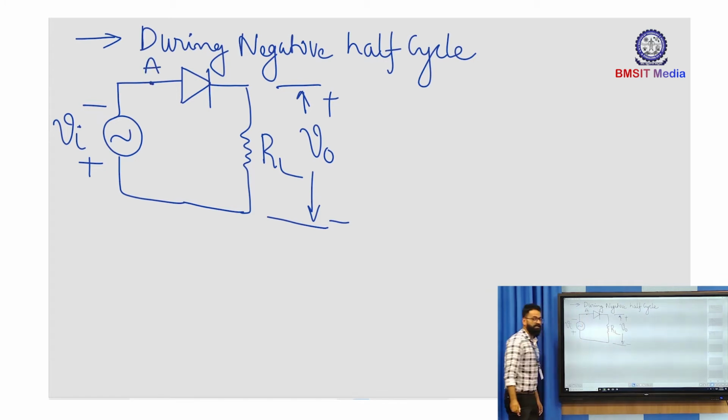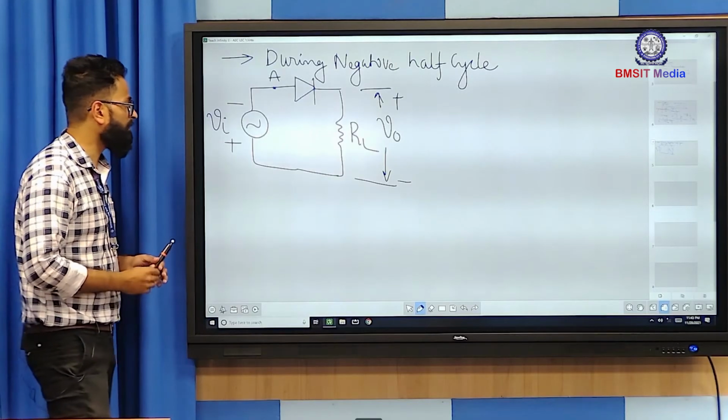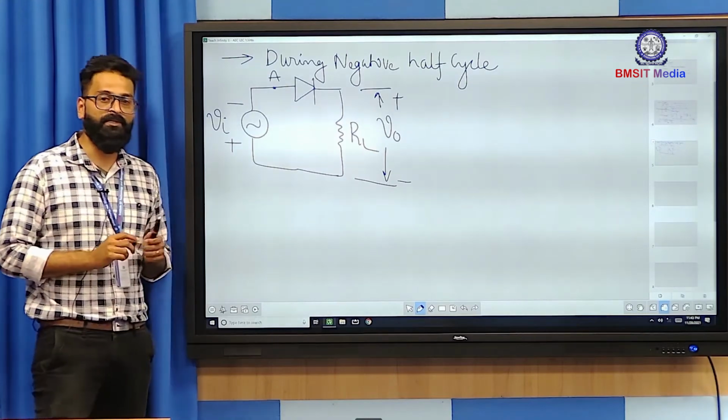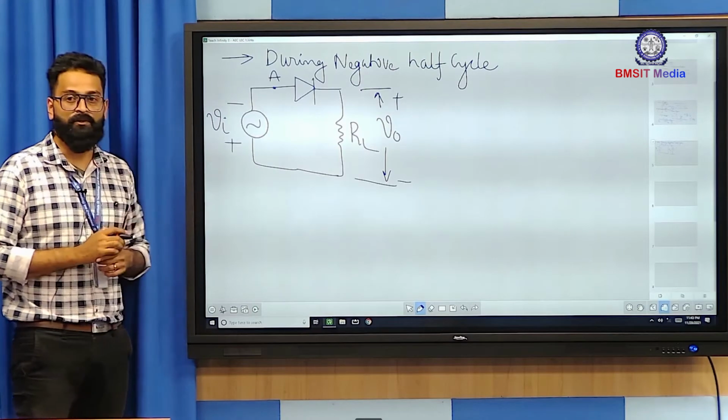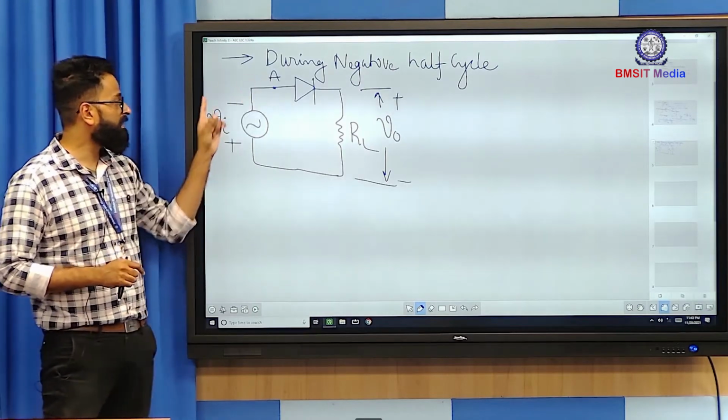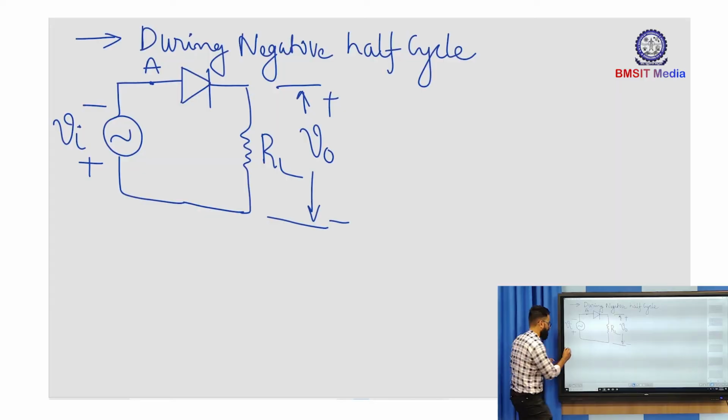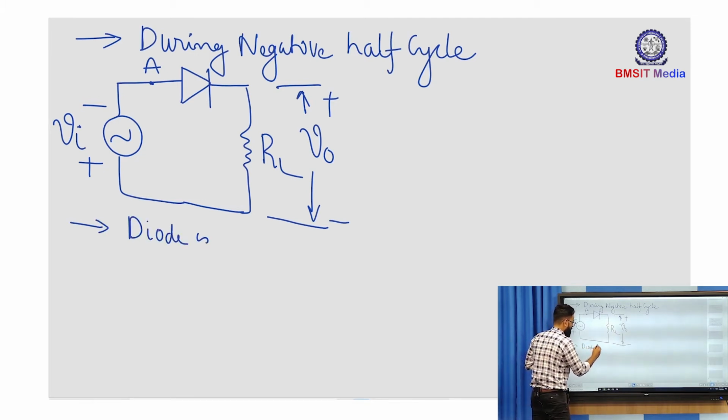As you can see in the negative half cycle, the anode terminal is connected to the negative terminal of the source. Whenever the anode is connected to the negative terminal of the source, we say the diode is reverse biased.